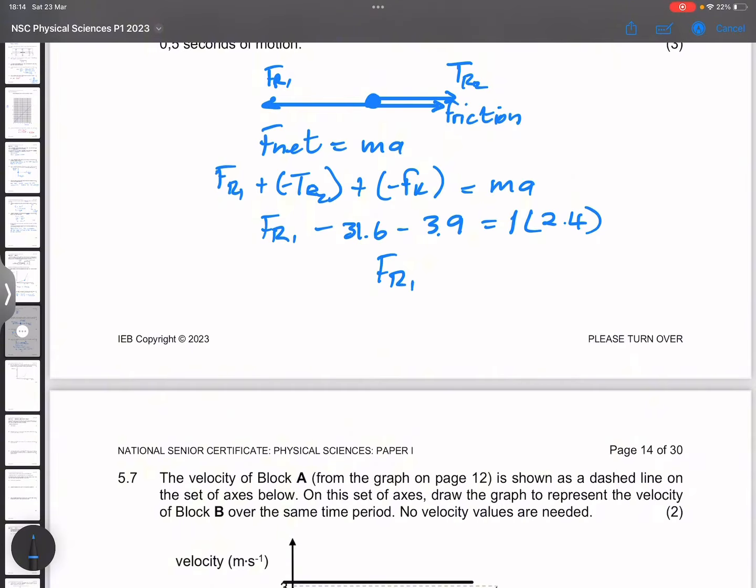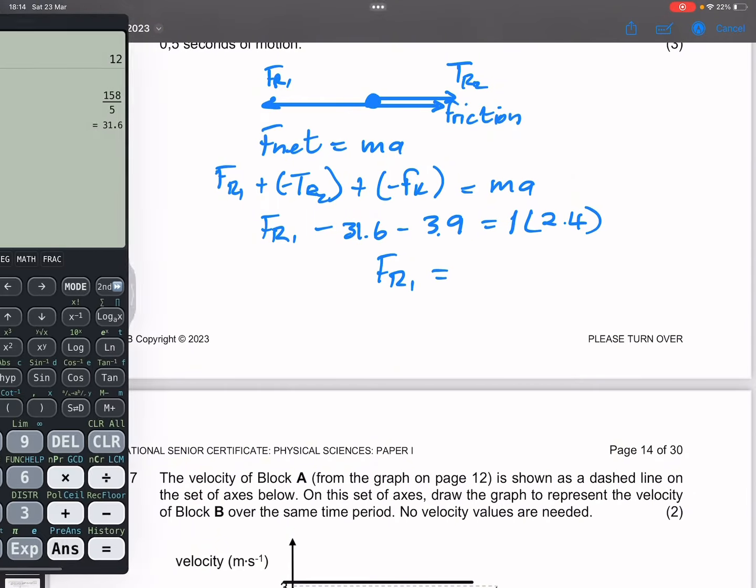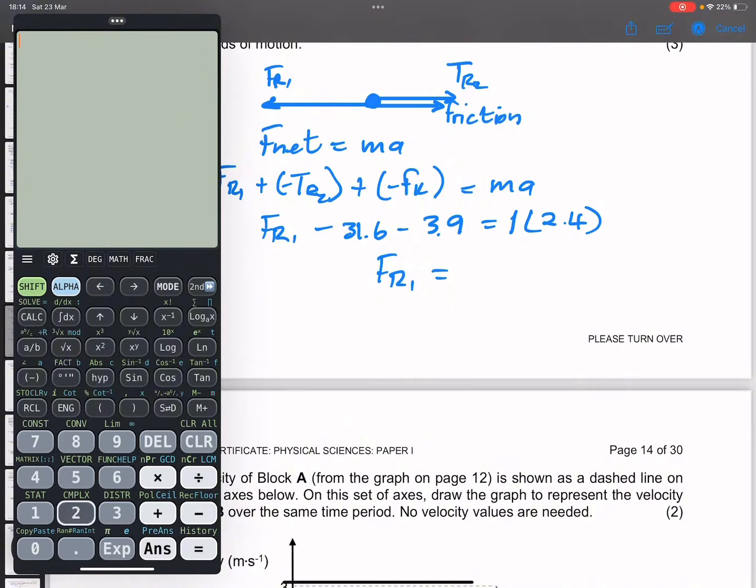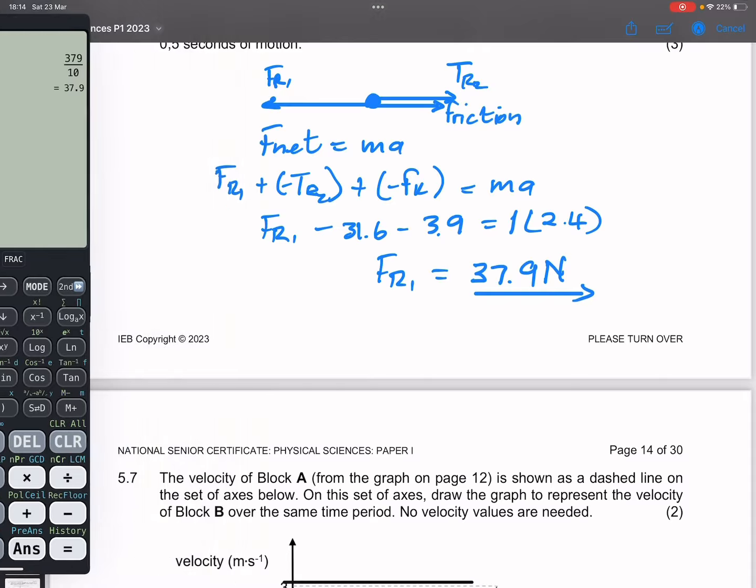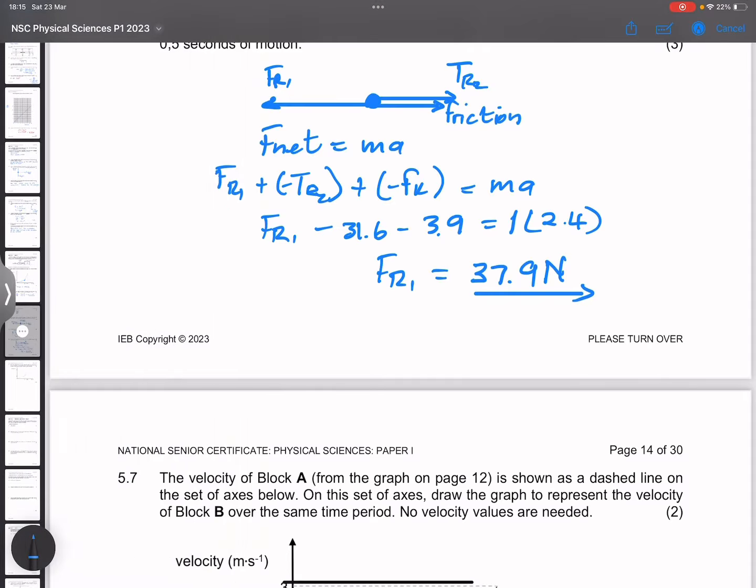And so the force of rope 1, we'll say, is 2.4 plus 3.9 plus 31.6. So we get 37.9 newtons. I hope that makes sense. I just looked at the horizontal forces only.